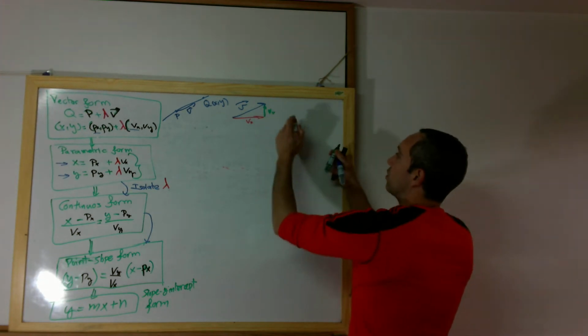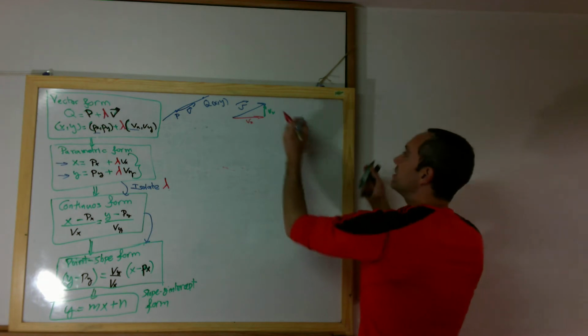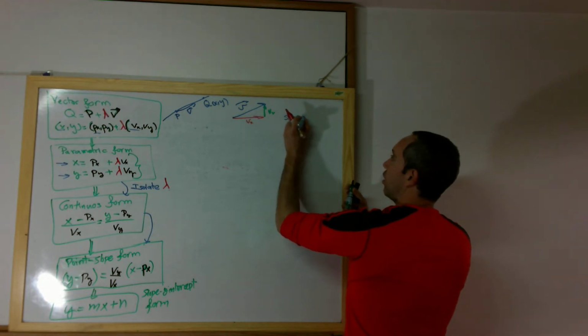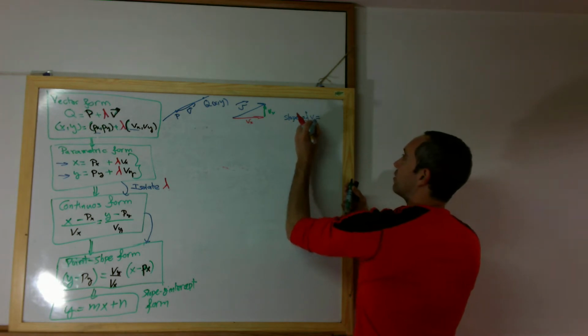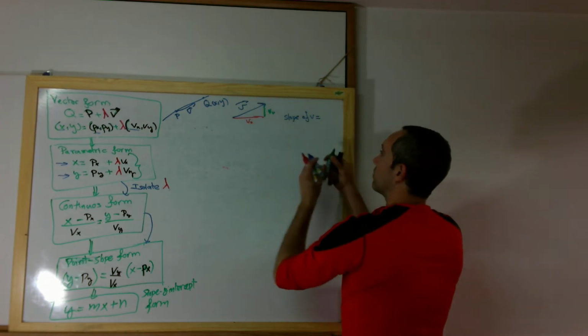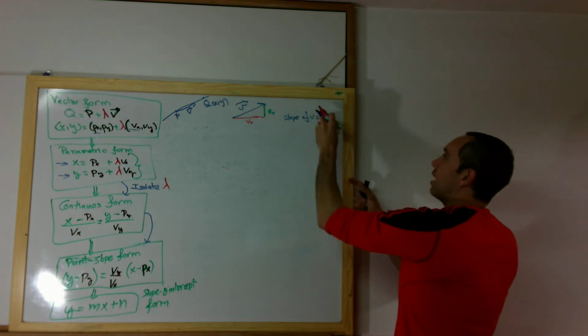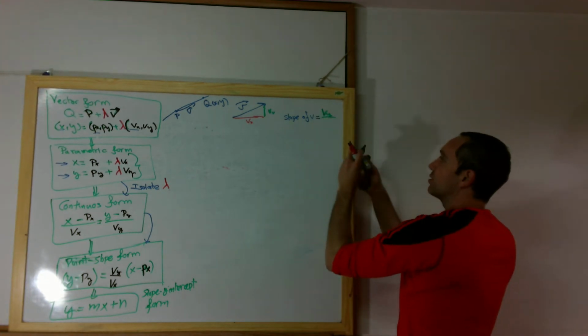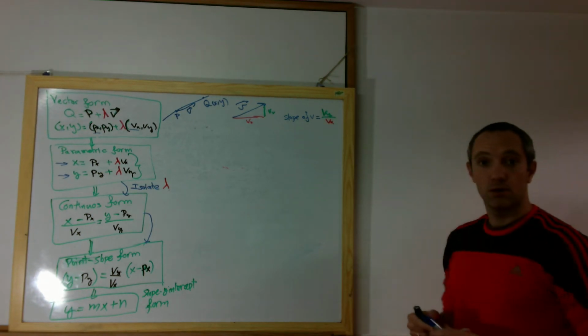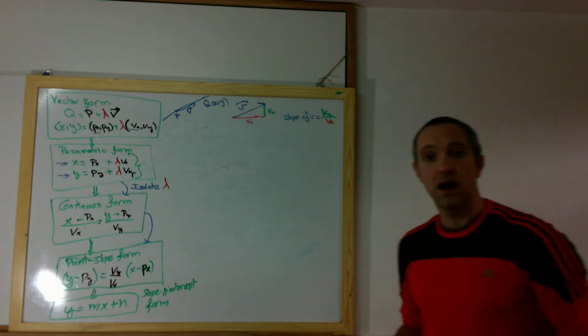So, the slope of v equals v of y, what rises, over v of x, what advances, right? So this is the slope, and we know it.